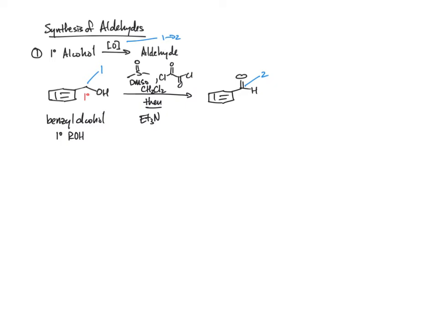So another set of conditions to take a primary alcohol to an aldehyde, if we're using a different substrate, say this molecule, so 7 carbons, this would be 1-heptanol.